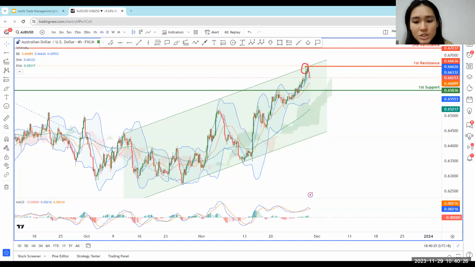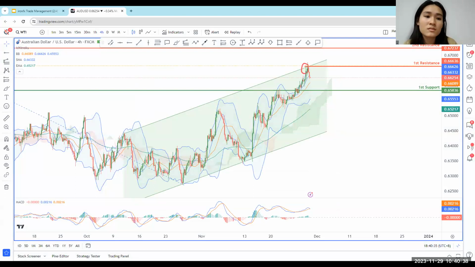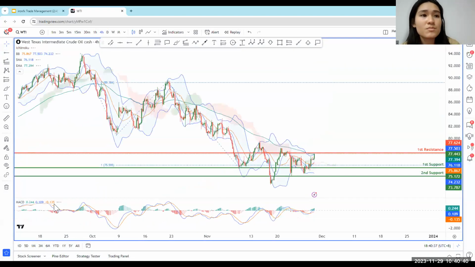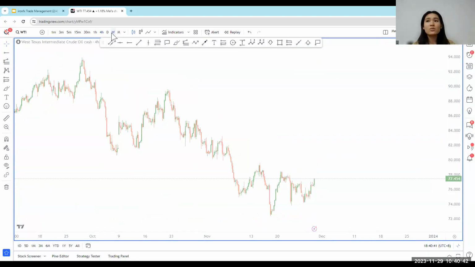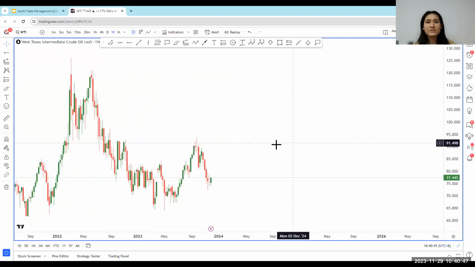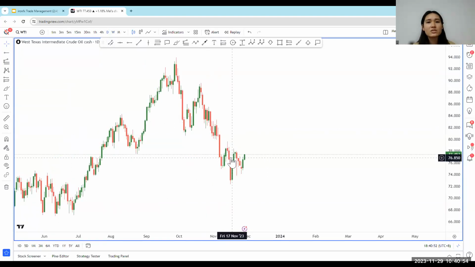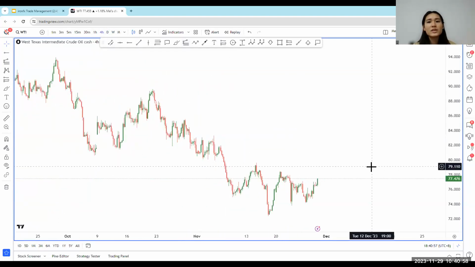Shall we look at WTI? On our weekly time frame, prices are kind of ranging. There's no clear trend here. On our daily time frame, it does look like it's dropping.